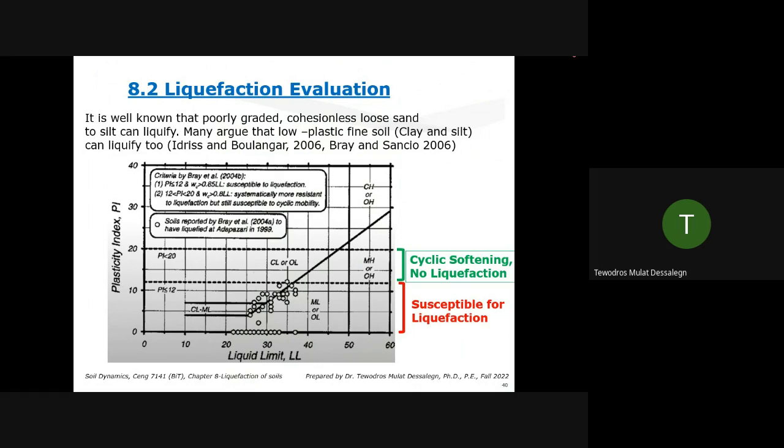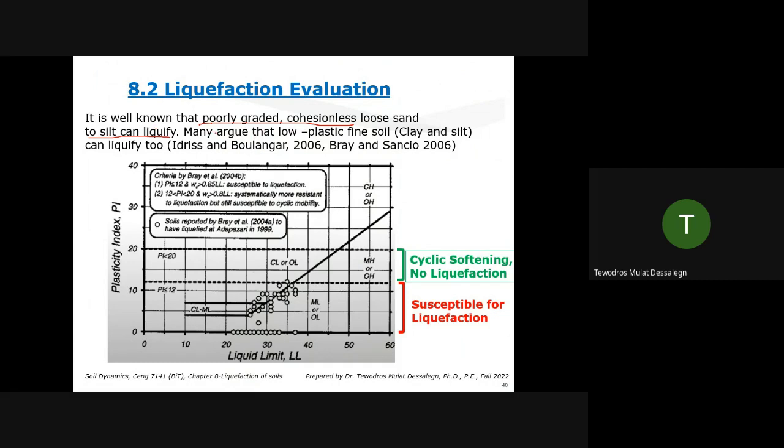Section 8.2, liquefaction evaluation. It's well known that poorly graded cohesionless soil, loose sand to silt, can liquefy. Most of the loose sand and some silt can liquefy.